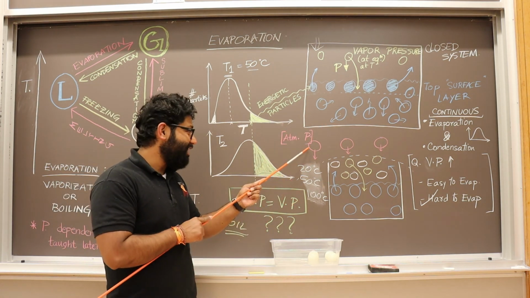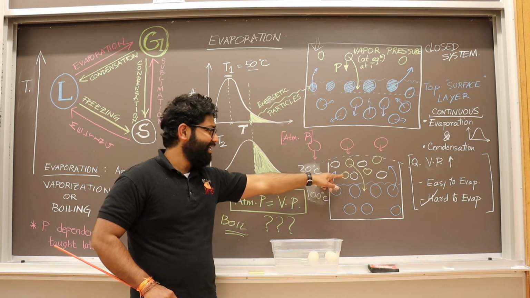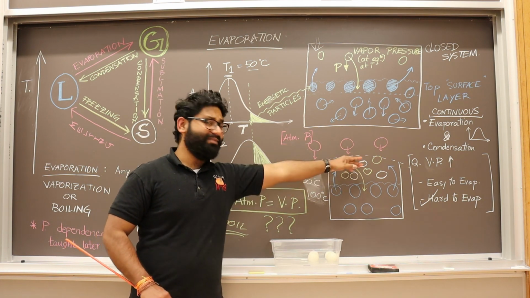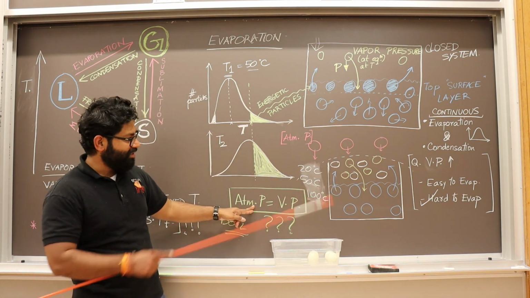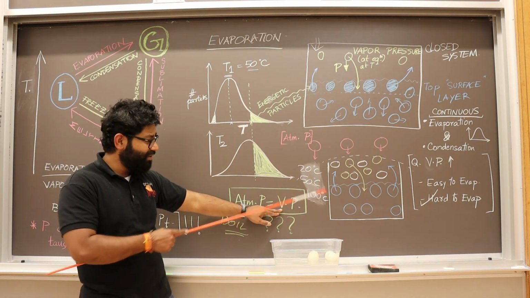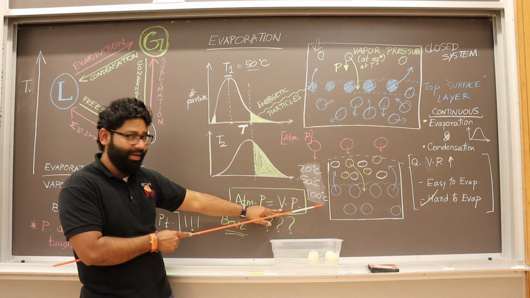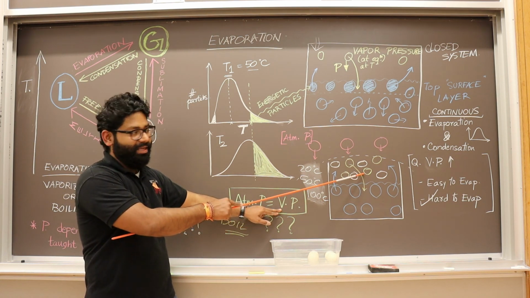At that point, the atmospheric pressure will not be able to contain this vapor in this invisible lid, because it's the same. So atmospheric pressure and vapor pressure become equal at some point when you keep on increasing the temperature, right?